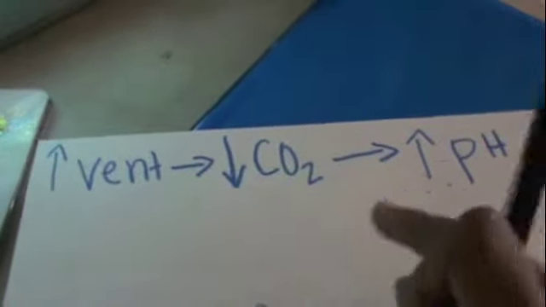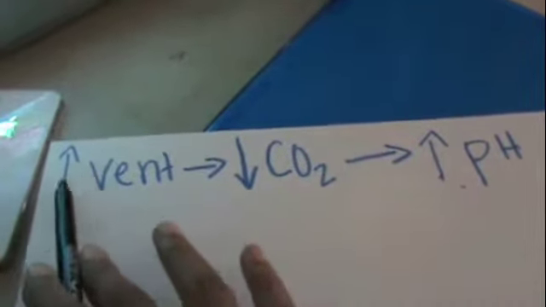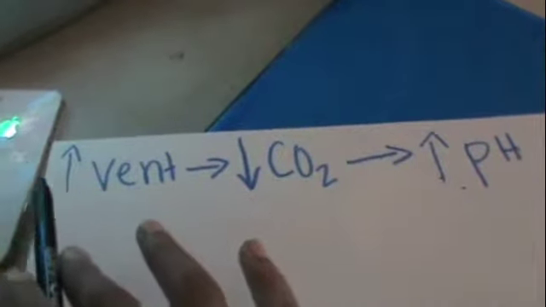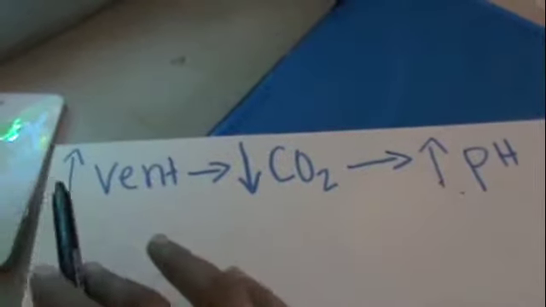Okay, so now we know it's a respiratory problem. What kind of respiratory is it? Is it acidosis or alkalosis? We need to see where this is pointing. It's going up, so it is high ventilation, so it is alkalosis.